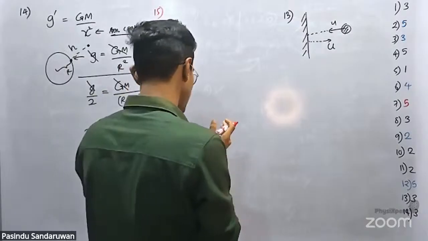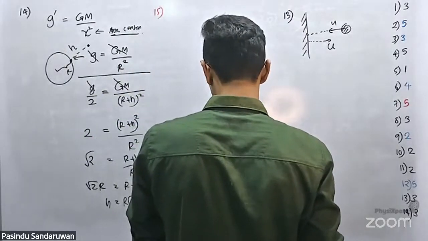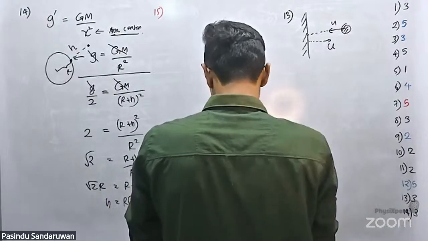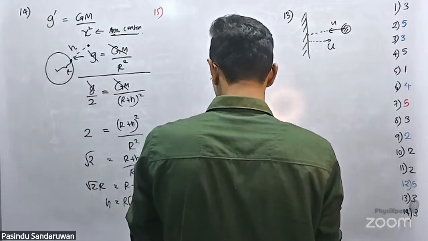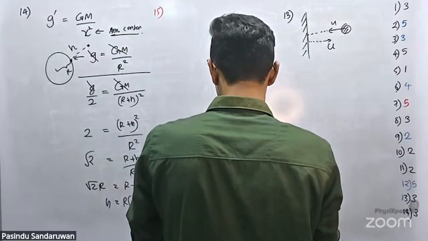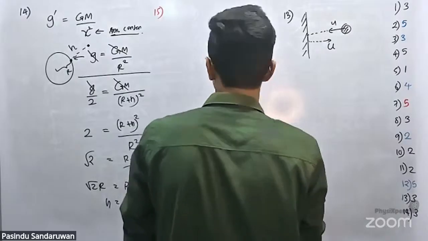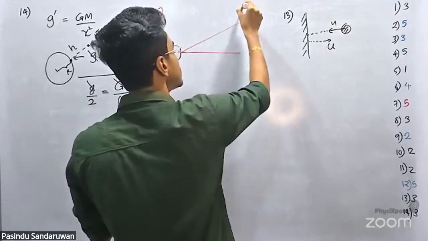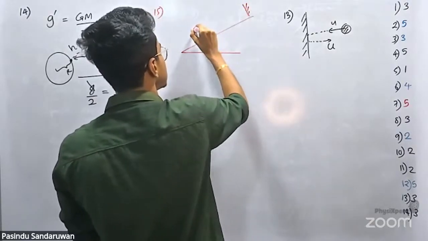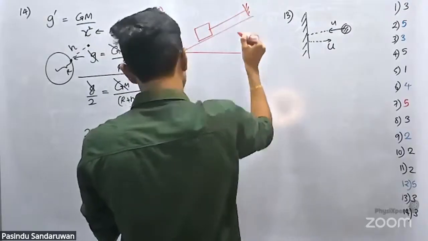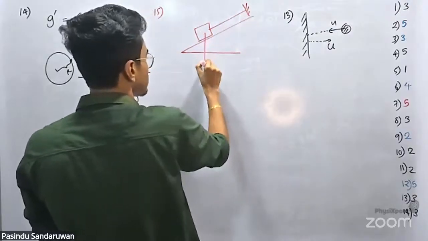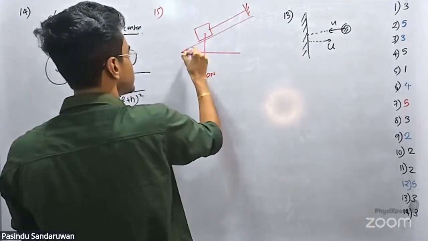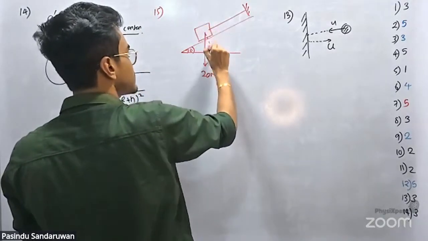An object of 2 kilograms is kept on a rough plane which is inclined 30 degrees to the horizontal as shown in the figure. The object is fixed to a point at the top of the plane by a light inextensible string parallel to the plane. Two kilograms, which means the weight is 20 newtons, and this angle is 30.